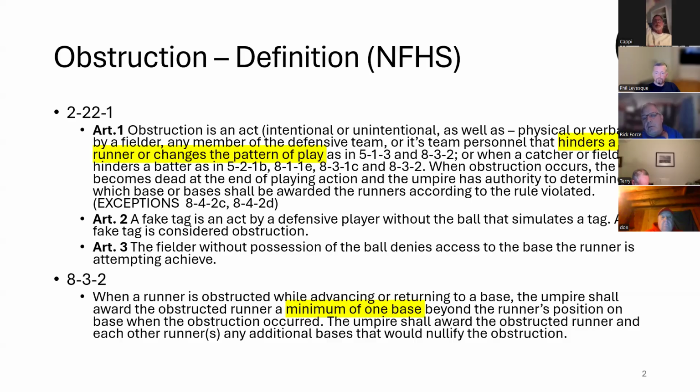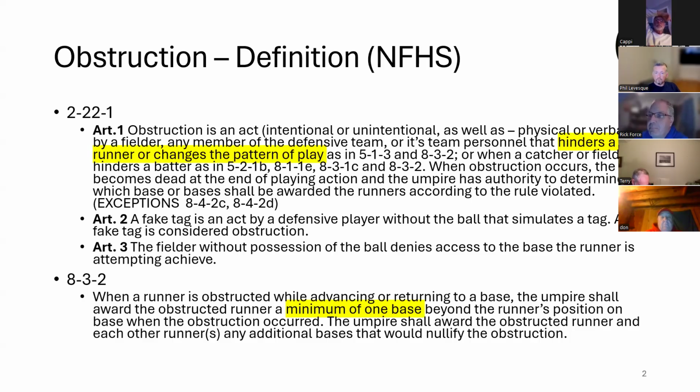Can I say something, Phil? Have at it, Rick. So I think what's important here, Terry, is that, like Phil said, it's obstruction when it becomes obstruction. So if he's going back to the base and he's obstructed, and the kid was going to the backside of the base, and the first baseman happened to be on the backside of the base, and his foot was blocking the bag, you're going to have obstruction.